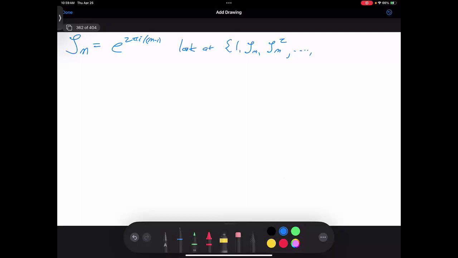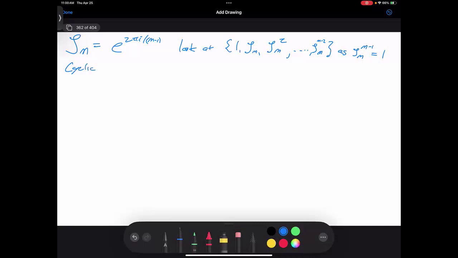What's the last one? m minus 1? As zeta m to the m minus 1. Oh, wait, no, zeta m to the m minus 1 equals 1. So I don't want to go up to m minus 1. How much do I want to go up to? m minus 2. And notice that gives me m minus 1 elements. So this is a cyclic group.